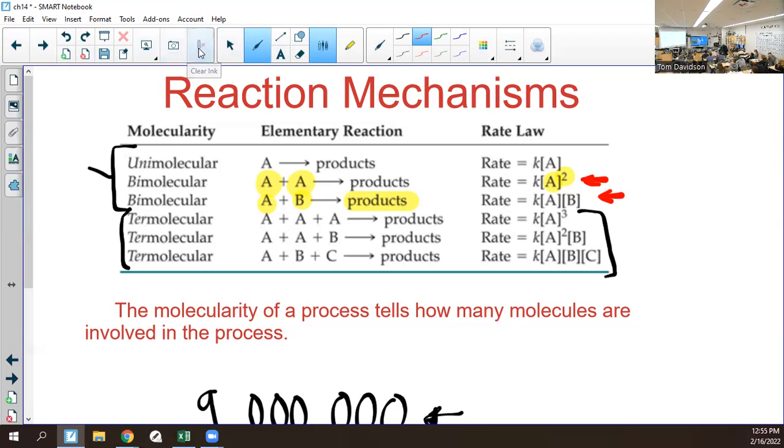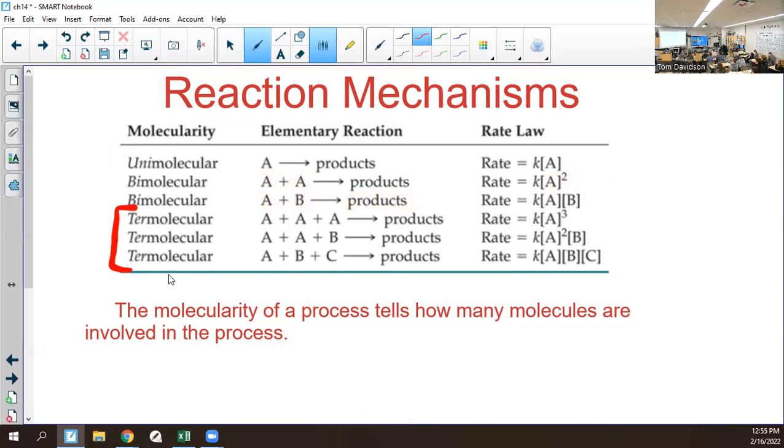Okay. Now there are things called termolecular, and these are really rare. Termolecular requires that you have three things that all run into each other at the right energy and orientation at the exact same time. That's kind of hard to get three individual things to run into each other at the exact same perfect time.